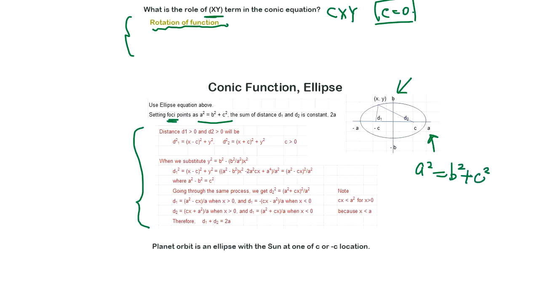So you take the foci by this relationship, then the distance d1, this distance, and d2 is constant, equal to 2a. Okay, so this is your assignment, and we move on in this video.